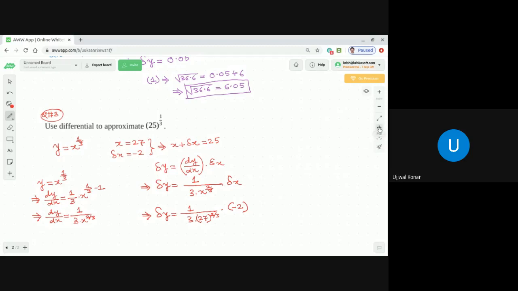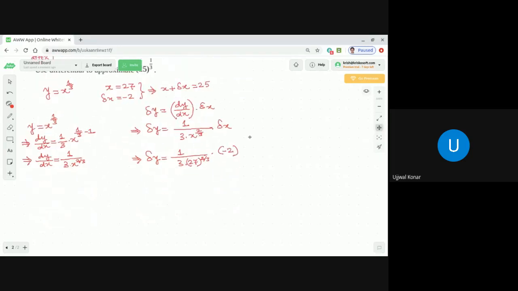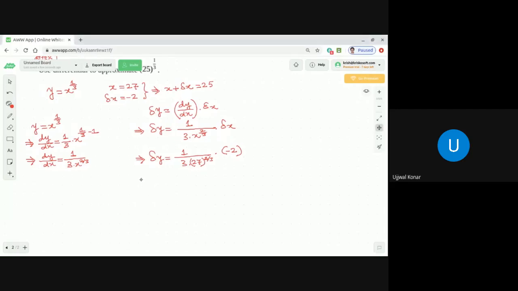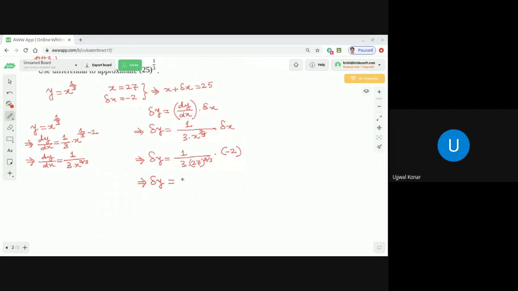So if we find this value, dear students, that is minus 2 by 3 into 27 power 2 by 3, you will get minus 0.074. I am not spending time calculating this because it is quite simple. So delta y is equal to minus 0.074. That is the value of delta y.